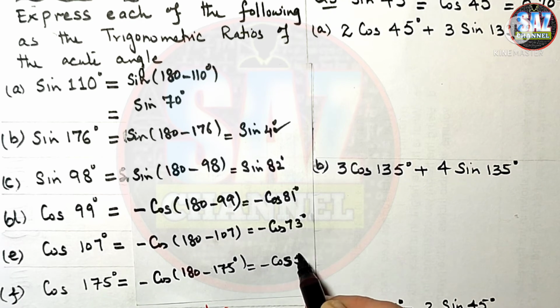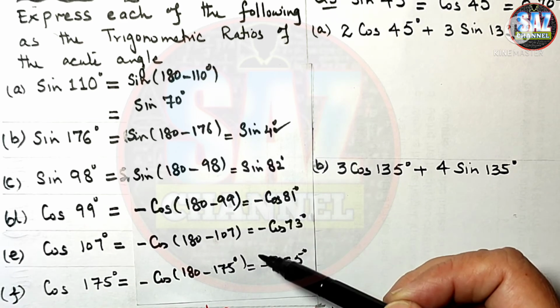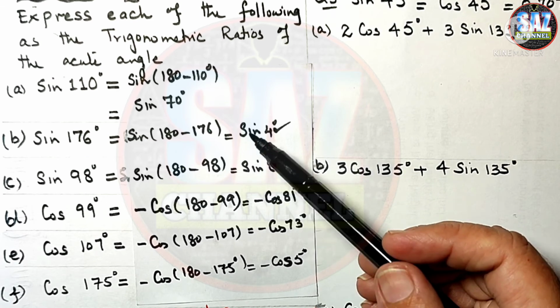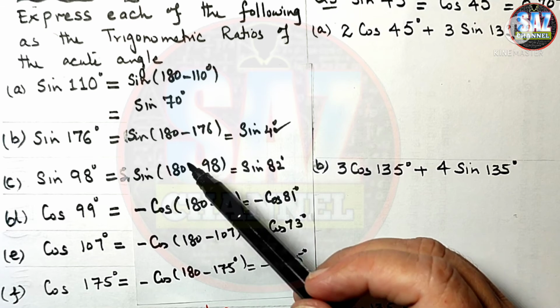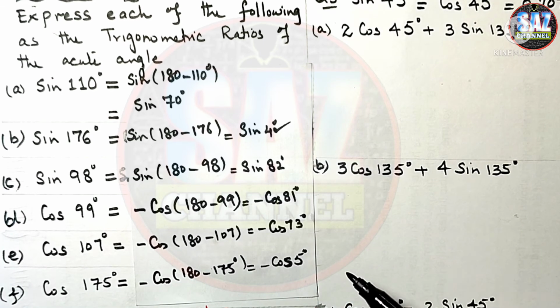I hope, students, you are clear why we are putting a negative sign with the answers of the cosine function, and why we are not putting the negative sign with the trigonometric ratios of sine, although they are also obtuse. The reason is that sine, whether in the first quadrant or second quadrant, is the ratio of the opposite and hypotenuse, and opposite is the y-axis, which is along the positive side of the y-axis.